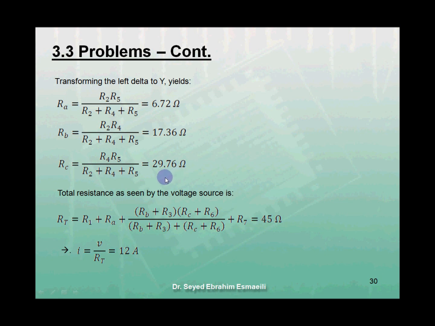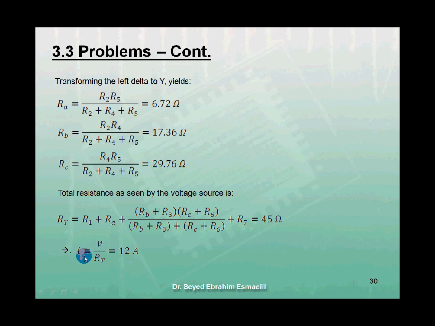The total resistance as seen by the voltage source is given by R total equals R1 in series with RA in series with the parallel combination of RB in series with R3 in parallel with RC in series with R6 in series with R7, which equals 45 ohms.